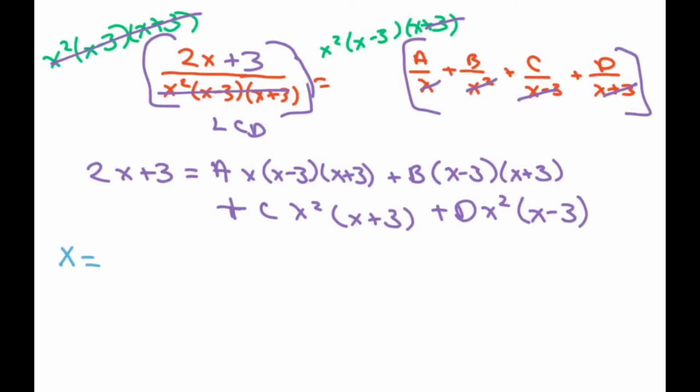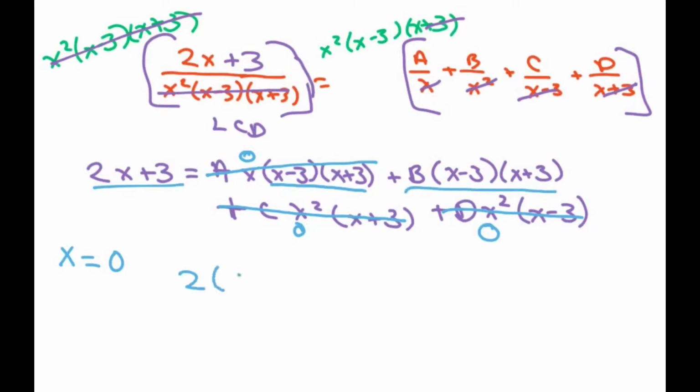So the first thing we're going to do is let x be 0. What happens is this is 0, and when you multiply 0 by all this, it will cancel out. 0 squared is 0, so that's all going to cancel out. So now we're going to find our B. So we're going to do 2 times 0 plus 3 equals B times 0 minus 3 times 0 plus 3.